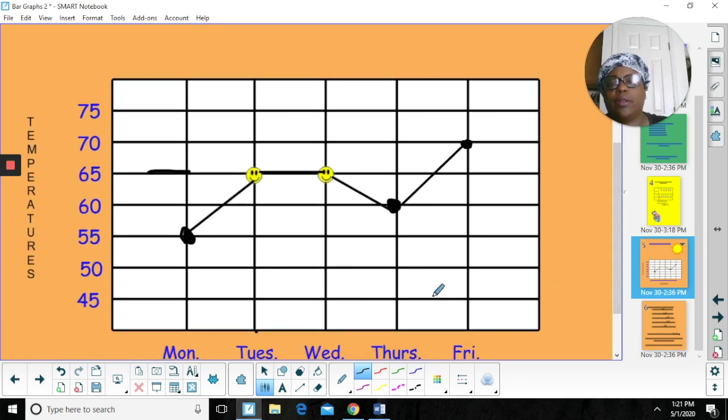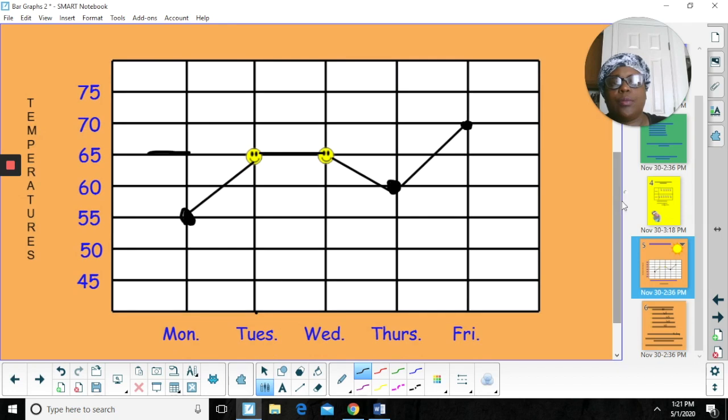So if we look here, we have to look for the happy faces or the dots where they are the same, okay? If we go up, we see that we have Tuesday with 65, and then there's another smiley face that is equal with this smiley face. And we go down and we see this is Wednesday. So Tuesday and Wednesday had the same temperatures.